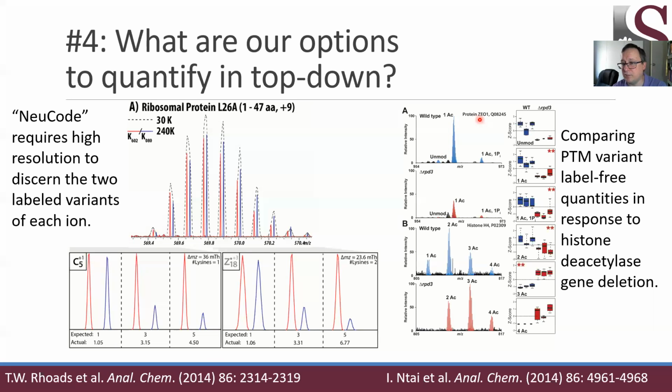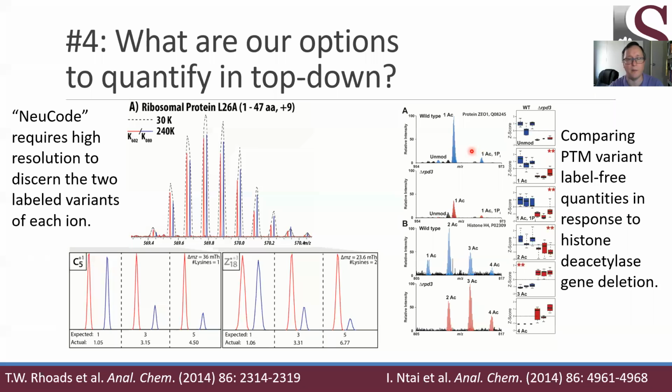Here we have a protein ZEO1 that starts with its unmodified sequence, its 1 acetylation sequence, and its 1 acetylation and 1 phosphorylation sequence. Why are these two so close together? Acetylation adds 42 mass units, and then when you add the phosphorylation, you add about 80 mass units.